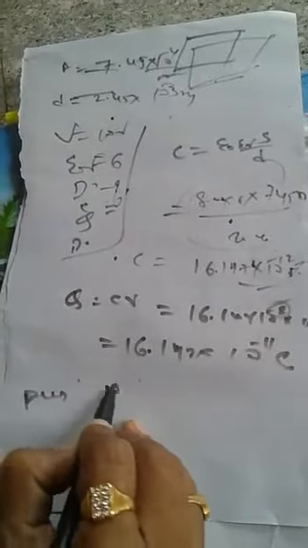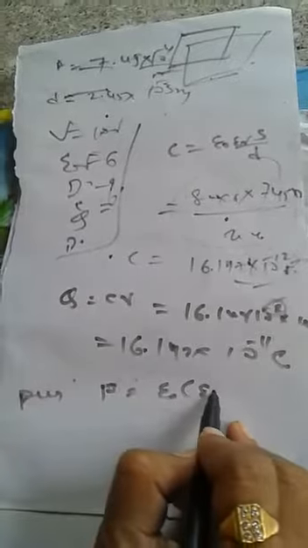Now what is the polarization? The polarization formula is P equal to epsilon naught into epsilon r minus 1 into E, the electric field.